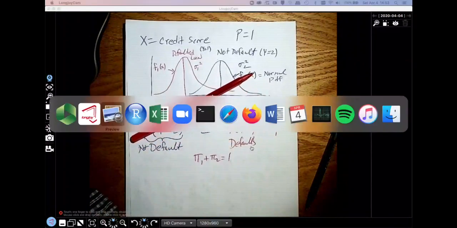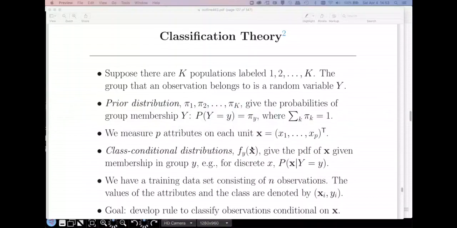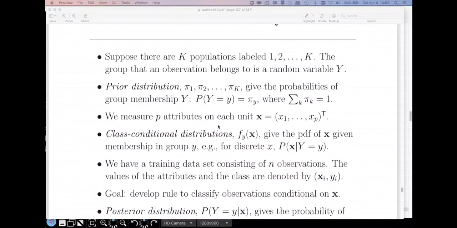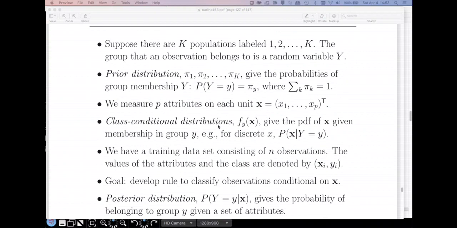All right, let's go back to my course packet for a second. In real life, we're going to observe a training set with n observations, and so we'll just denote those by x sub i. So x sub i is this vector. We may have more than one. In my little example with the credit score, we only had one x, but there might be many.